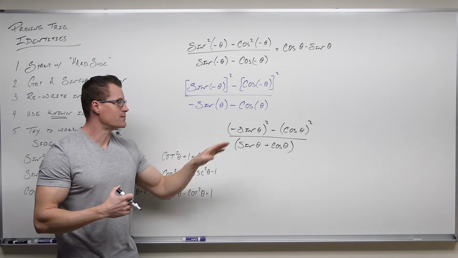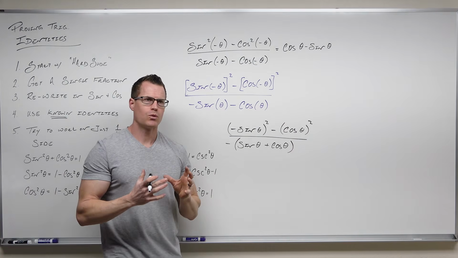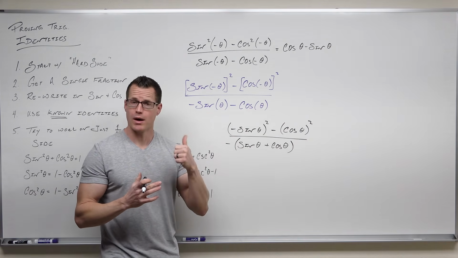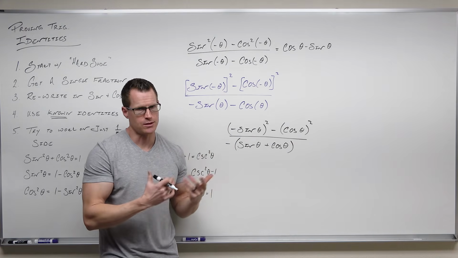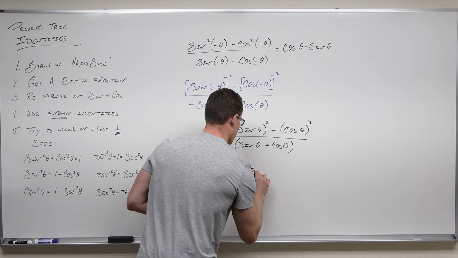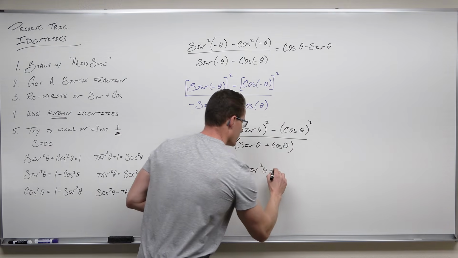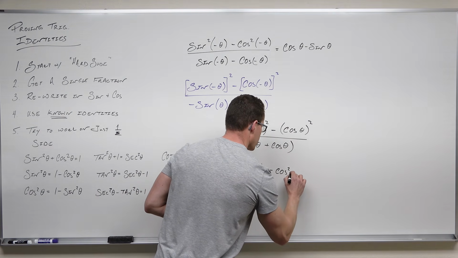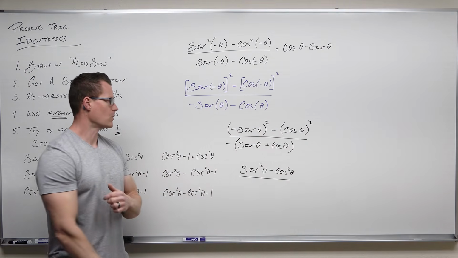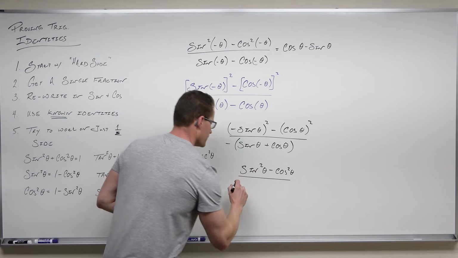And now we're going to go ahead and evaluate this. Negative sine theta squared. What would happen with that? Well, that would be negative 1 squared. Negative 1 squared would be positive 1. Sine squared would be sine squared theta. Minus cosine squared theta, all over negative sine theta plus cosine theta.